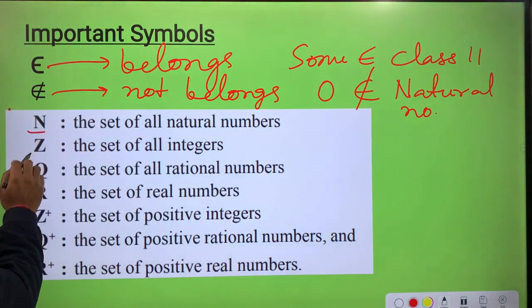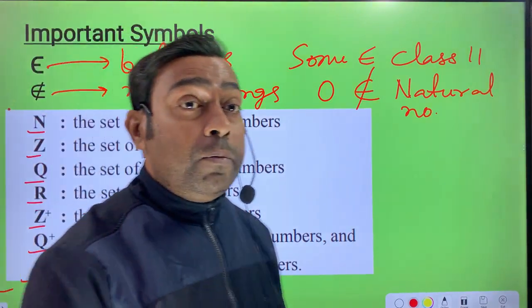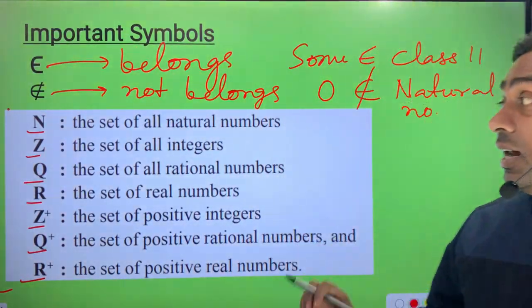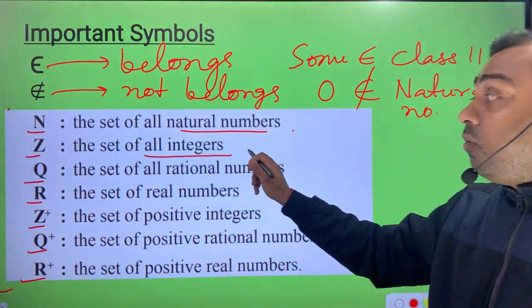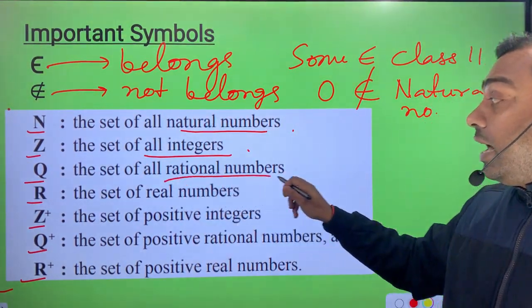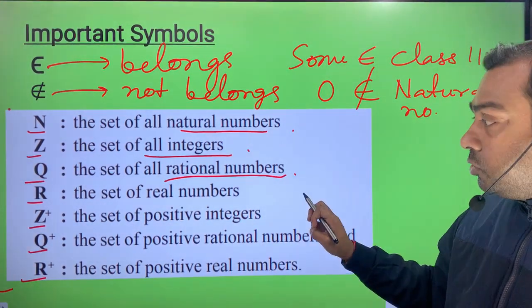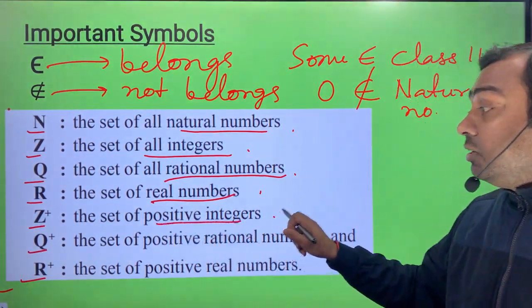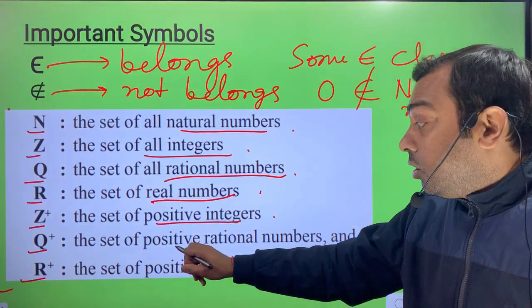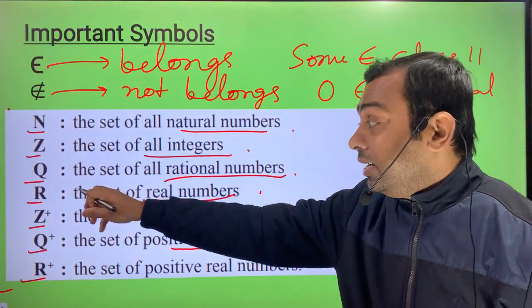That is N, Z, Q, R, Z plus, Q plus and R plus. These mean very specific things: capital N is the set of natural numbers, capital Z the set of all integers, Q rational numbers, that is, p by q form numbers where q is not equal to 0, and R real numbers. Then Z plus is positive integers and Q plus all positive rational numbers.